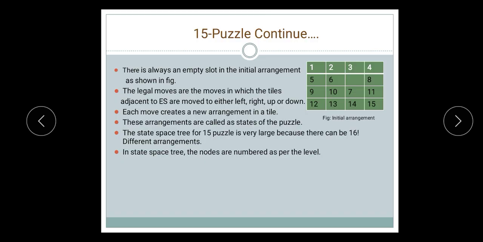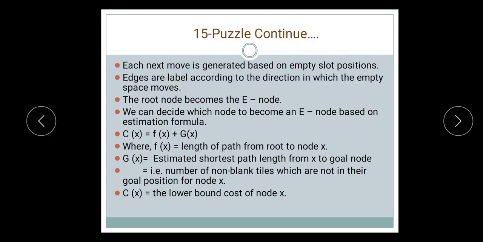Each next move is generated based on the empty slot position, whether you have to move that empty slot in an upward direction, downward, left or right. So each move is generated based on the empty slot position.